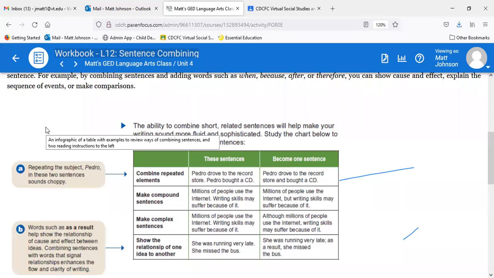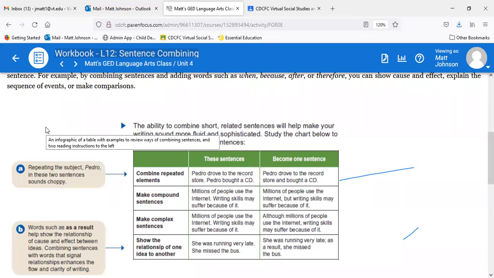So it becomes one sentence. Pedro drove to the record store and bought a CD, right? So combining those elements in the text box, it says repeating the subject Pedro in these two sentences, right? It sounds choppy. It's grammatically correct, but it doesn't flow that well. And the reader kind of gets exhausted if you keep using these short sentences with the same subject.